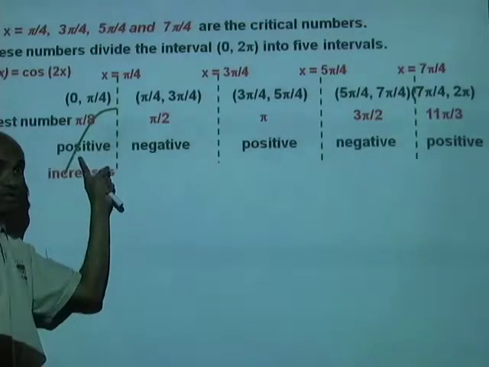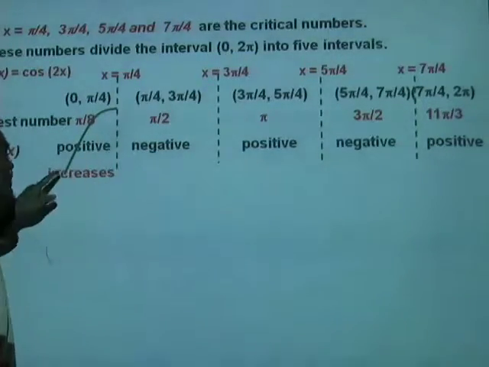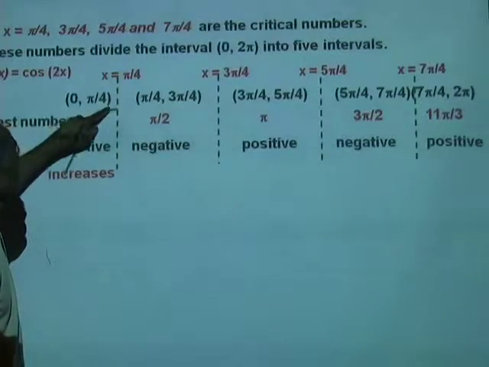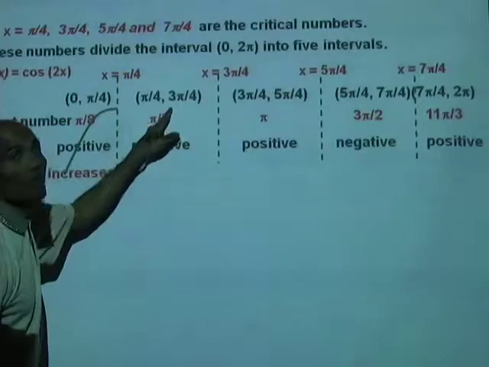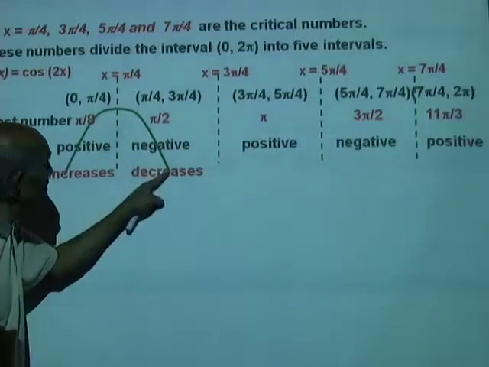And I'm actually also constructing the graph along with this, watch that. The function is increasing from 0 to pi by 4. And from pi by 4 to 3 pi by 4, the function decreases. Look at the graph, it's coming down.